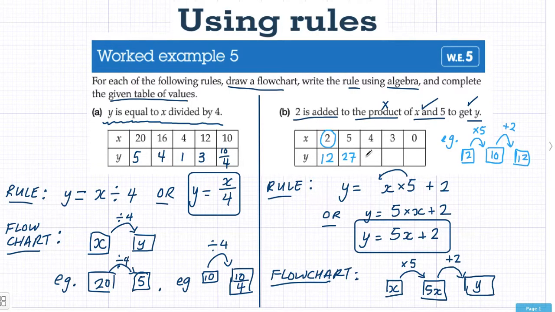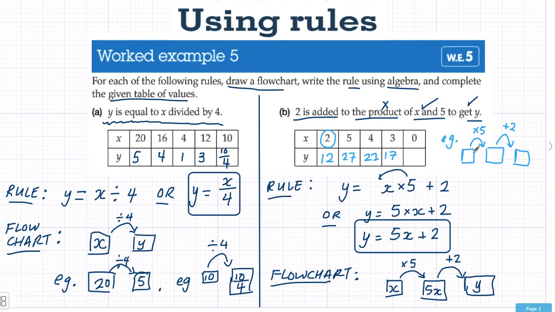And it's a great idea too, you could do all your working for these, use a flowchart each time so you can really see what's happening. 4 times 5 is 20, plus 2 is 22. 3 times 5 is 15, plus 2 is 17. And the other one here that's interesting is the last one. This one has a 0 in it. So you can see what happens with this one.